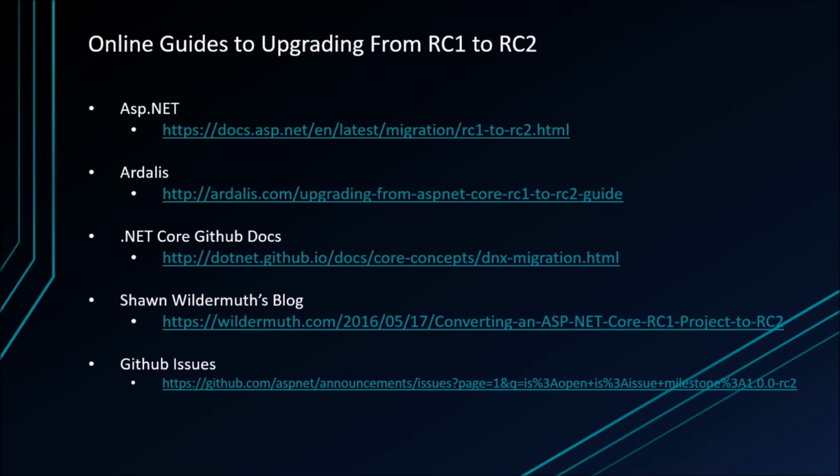Now the plan for this video is I'm going to create just a basic RC1 application. Then we're going to upgrade to RC2, and I'm going to show you all of the errors and pitfalls that I have to overcome in order to get from RC1 to RC2. A lot of these upgrade guides try to lay out every single thing along the way, basically assuming that everything works perfectly.